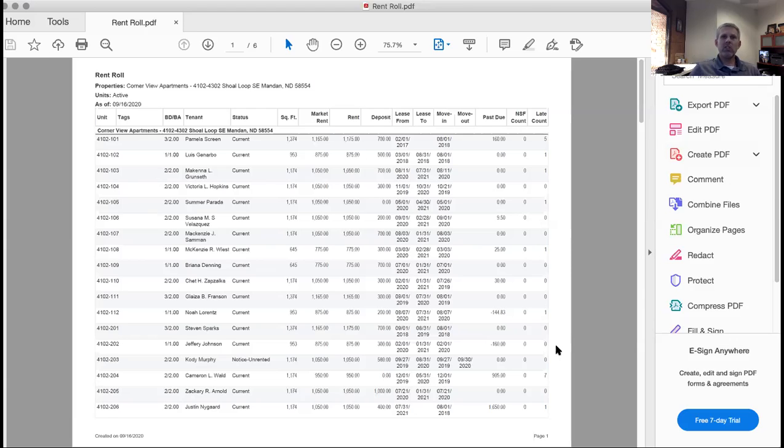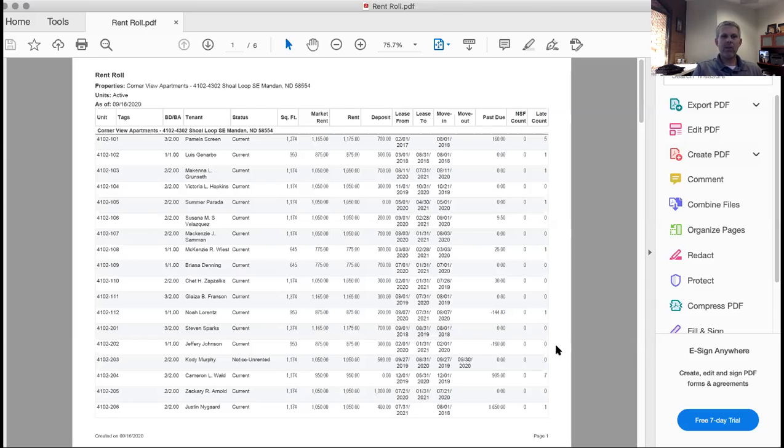So a rent roll really just gives you a snapshot of that property and all the tenants in there, and all the particular details that you need to be able to assess and say, okay, now I have a big picture of what's going on with the rent that is being received in that roll, which is the property. So that is a rent roll.